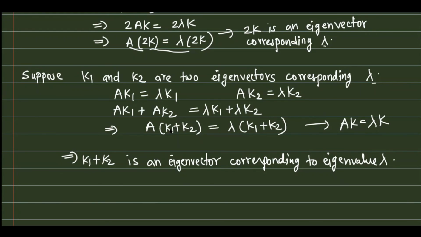So we see that the sum of two eigenvectors is again an eigenvector corresponding to the same eigenvalue lambda. Also, a non-zero constant multiple of an eigenvector is also an eigenvector corresponding to the eigenvalue lambda.